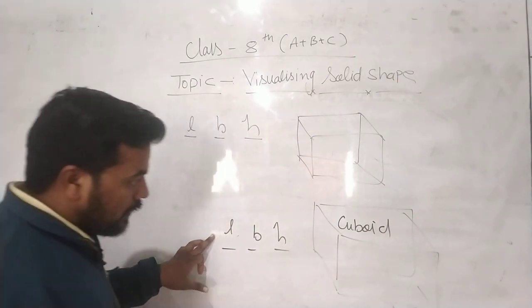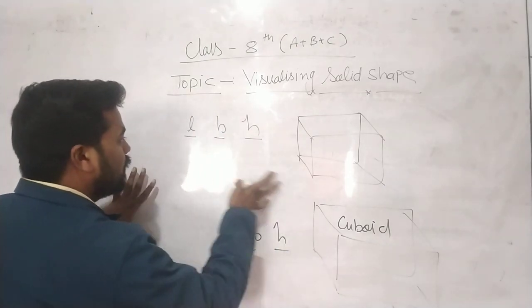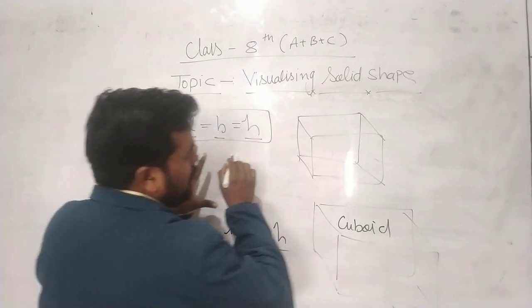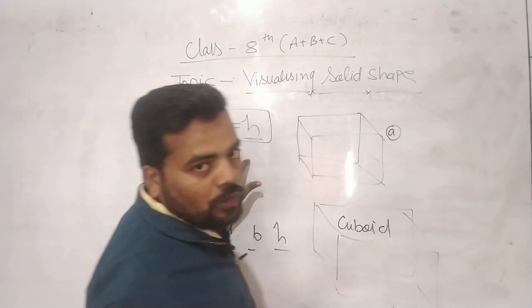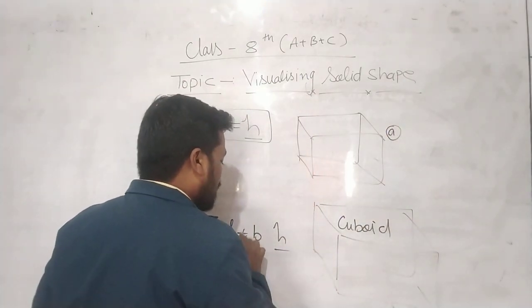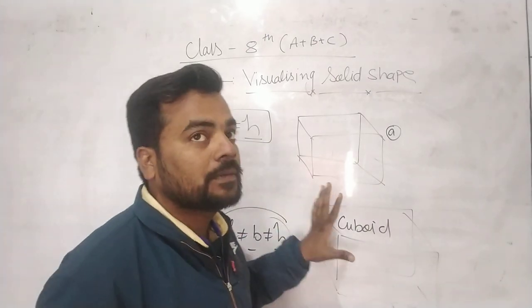So in a cuboid, L is not equal to B and B is not equal to H, and in a cube L is equal to B and B is equal to H. That's why in a cube all the sides are equal, and we denote the side of a cube as A, and in a cuboid L is not equal to B and B is not equal to H. But this one is known as a 3D shape.